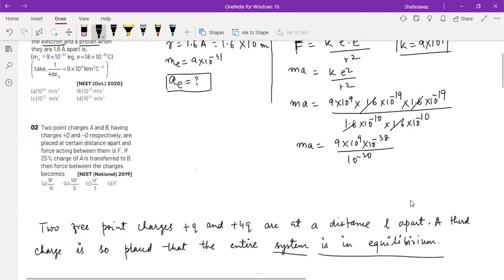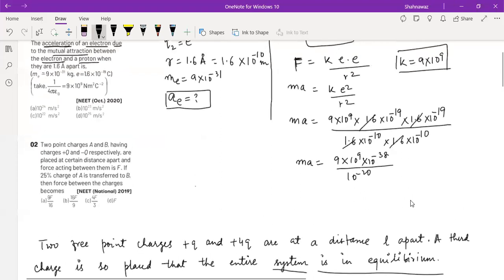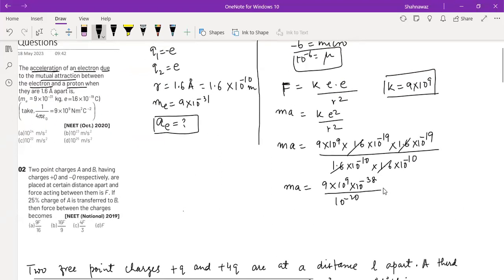The mass of electron is also given. So the acceleration would be 9 into 10 to the power 9 into 10 to the power minus 38, divided by m, which is 9 into 10 to the power minus 31, into 10 to the power minus 20.